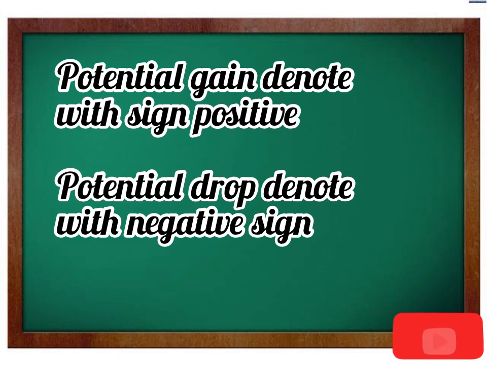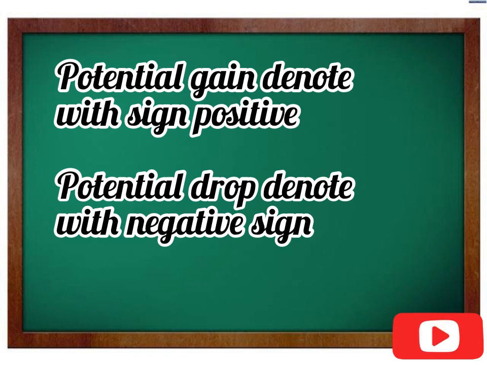Now if there is a gain in potential, we consider the sign to be positive. We are learning this under the point of sign conventions. And if there is a drop in potential, there should be a negative sign. So what does the statement of our law say?